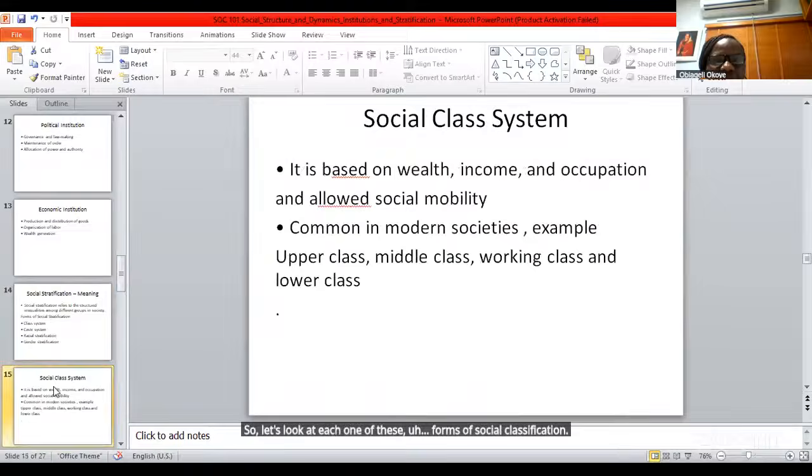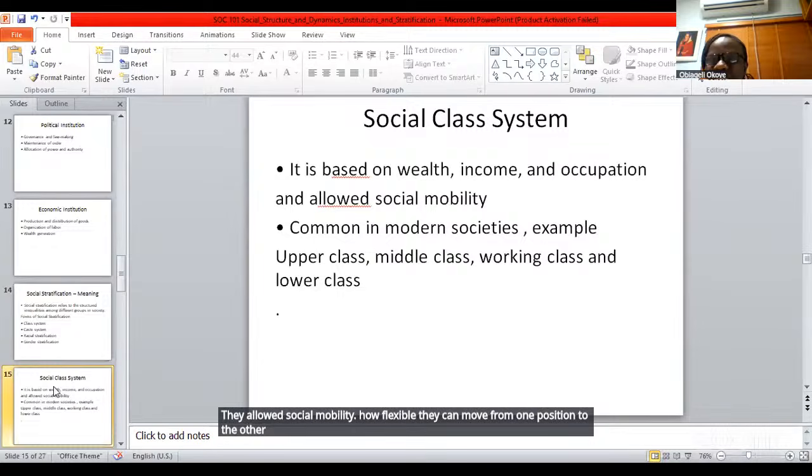The first one is the social class system. This social class system is based on wealth, income, and occupation, and allows social mobility. So in the class system, people are classified according to their wealth, according to the amount they gain as income, according to their occupation, and the allowed social mobility, how flexibly they can move from one position to the other.